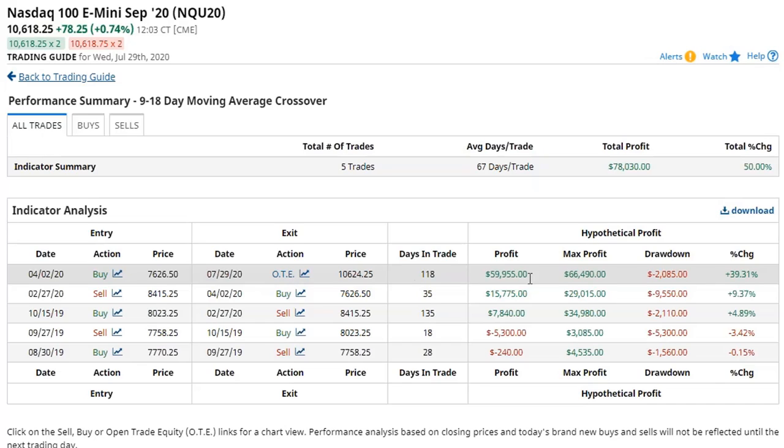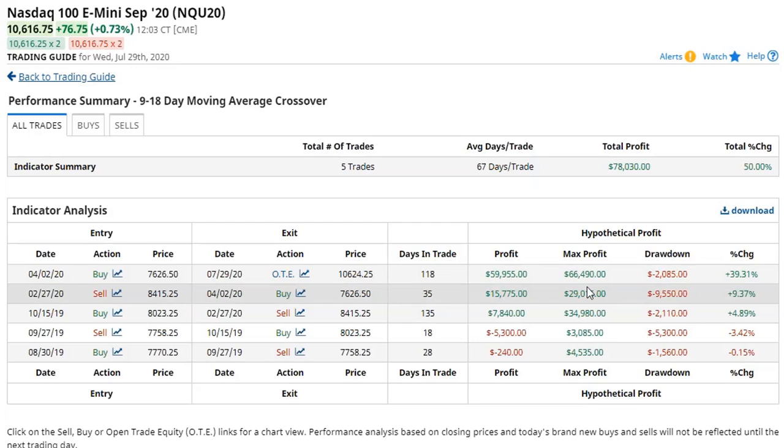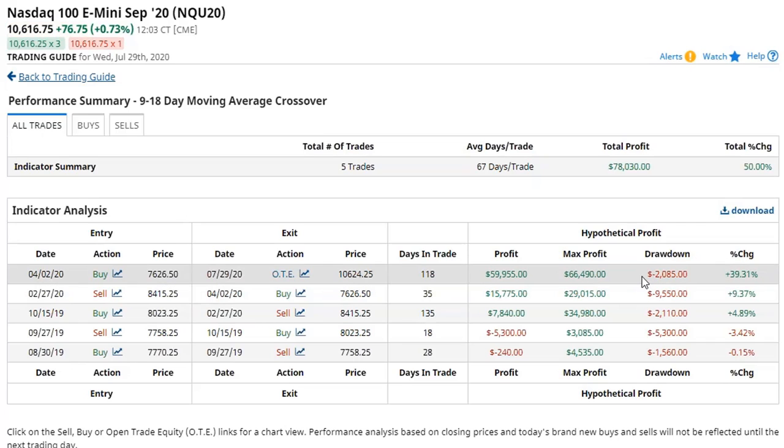Over here, it tells us the max profit. At some point, a few days ago, the NASDAQ was a little bit higher, and at one point we were at a maximum profit of almost $67,000, $66,000. The drawdown tells us how much price has gone against us from the time of entry.